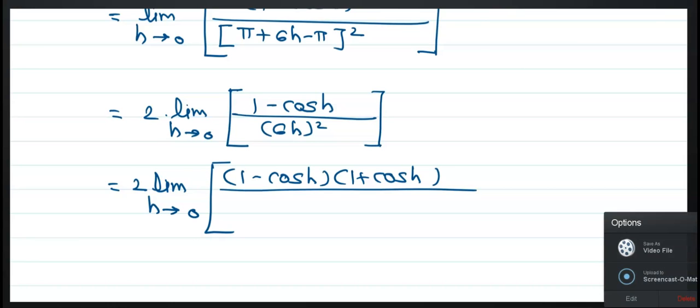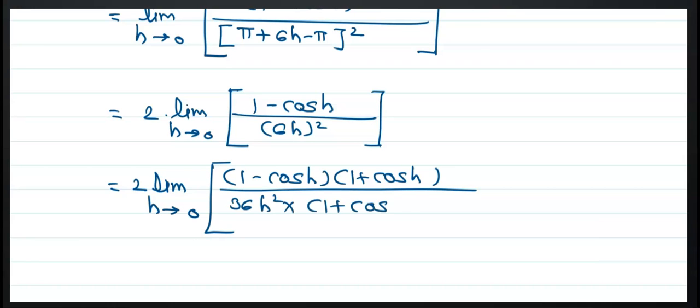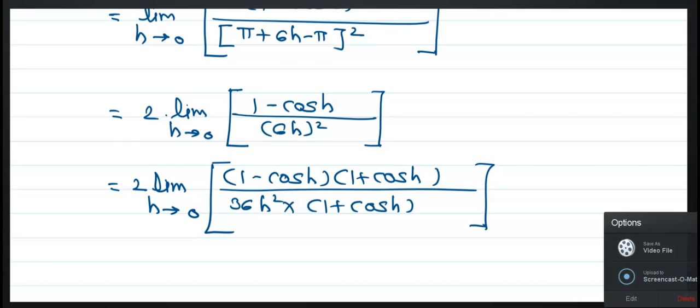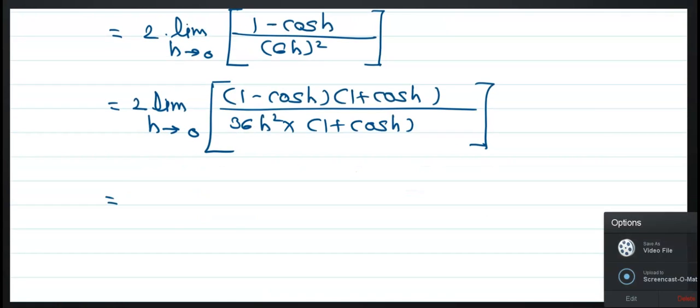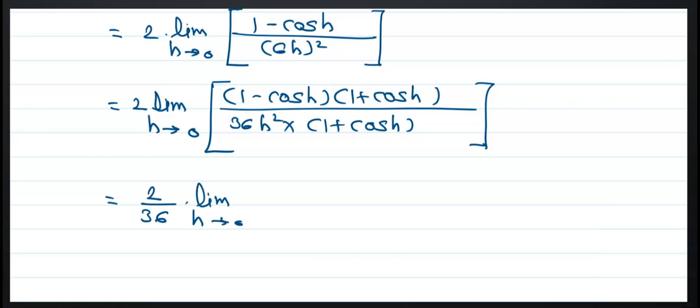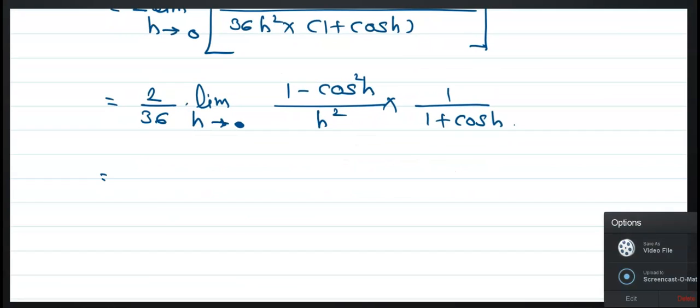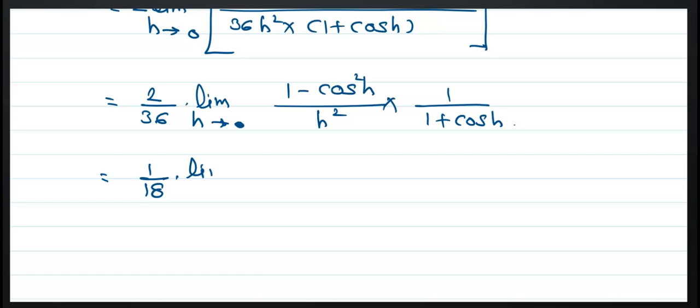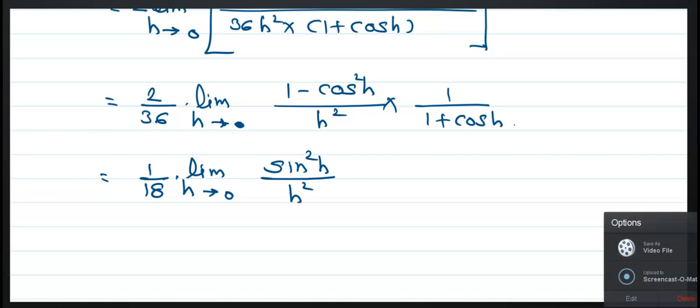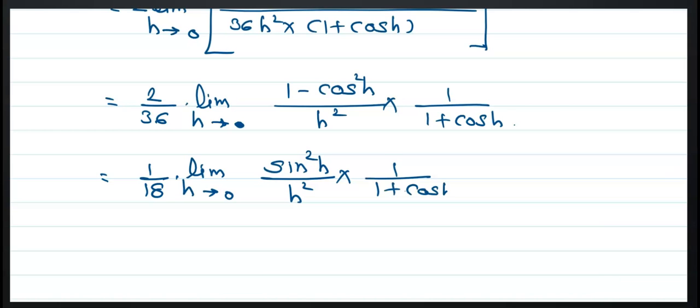Multiply numerator and denominator by 1 plus cos h. And that's why the limit as h tends to 0 of (1 minus cos square h) upon h square, upon 1 plus cos h, is sin square h upon h square into 1 upon 1 plus cos h.